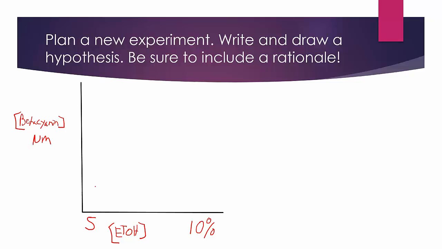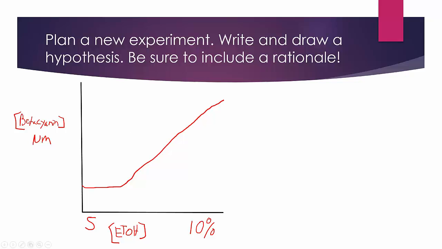Okay, so let's say we predict that, based on last week's data, that maybe we think 5% will not damage cell membranes, but maybe right around 6% we predict a gradual increase in cell membrane damage. You may predict that it spikes straight up.